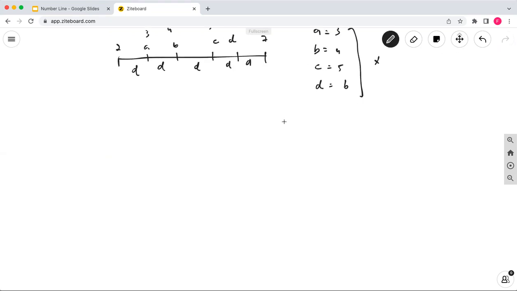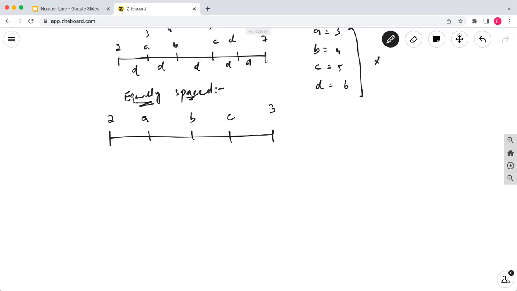Okay, for example, if I have this and 3, and this is A, this is B, this is C, how can I find the distance between each of these, assuming that all of these are equally spaced? How can I find the distance between each of these two ticks?